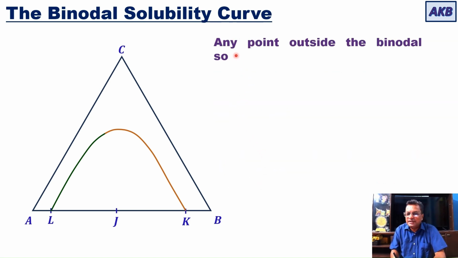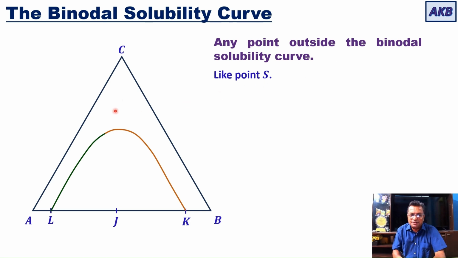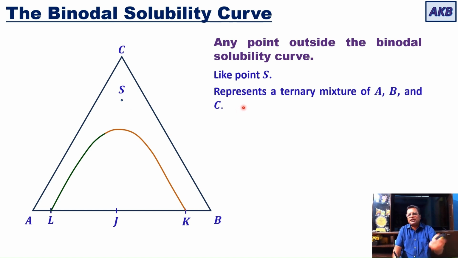Now, if you consider any point outside the binodal solubility curve, let us say point S, such a point, any point outside the binodal solubility curve, it will represent a ternary mixture.